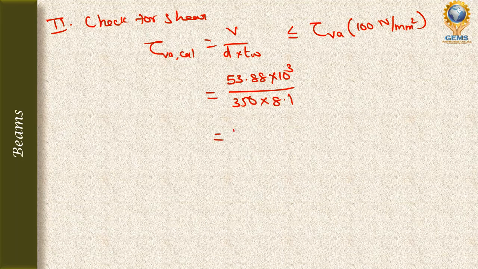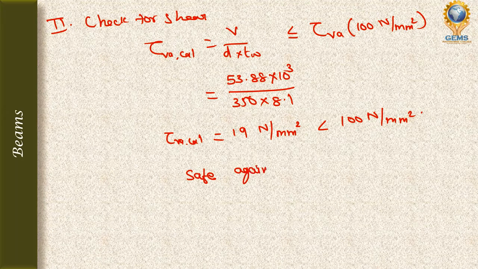The value comes to 19 Newton per mm square, which is way lesser than the permissible average shear stress. So our section is safe against shear.